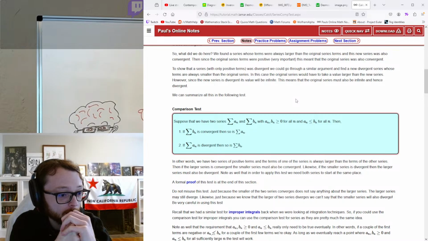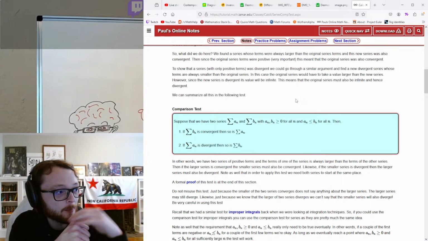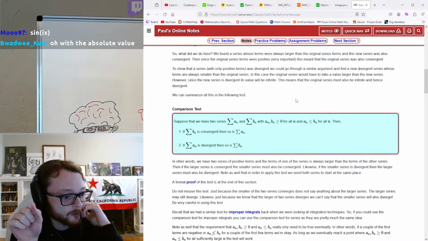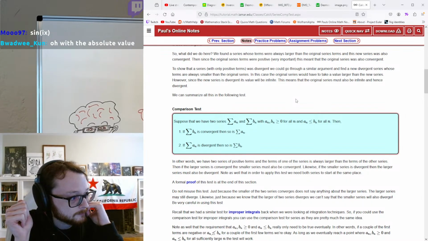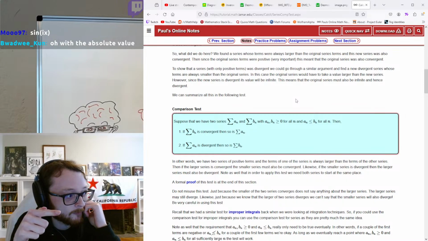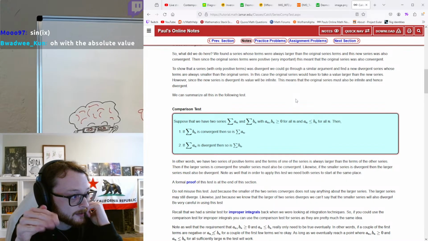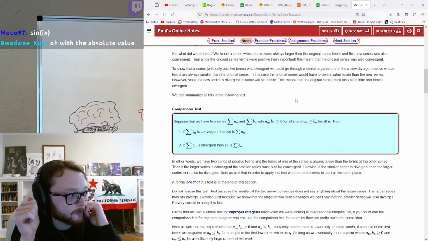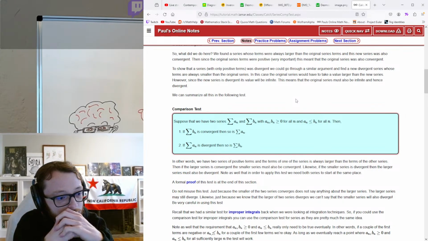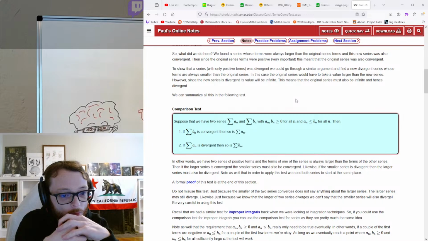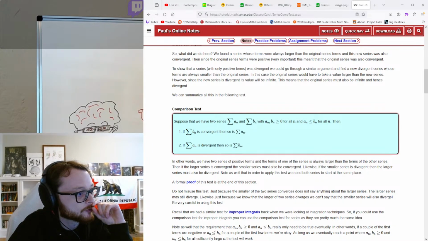If you suspect it converges, you name a series that's bigger that also converges. And it's almost like the squeeze theorem with limits. If there's a series that's bigger and converges, the series that's smaller has to also converge. If you think the initial series diverges, you name a series that's less than it and diverges. And that means the series that's greater has to also diverge. So we applied the comparison test here for convergence.